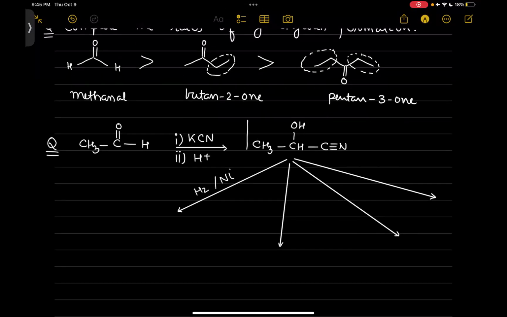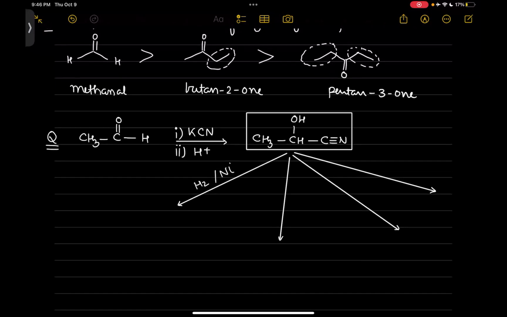So if I treat this with H2 and Ni, what am I going to get? Marwa, Jaslin, can you hear me? Yes, sir. So what am I going to get? If I use H2 and Ni, H2 and Ni will do the catalytic hydrogenation reaction.